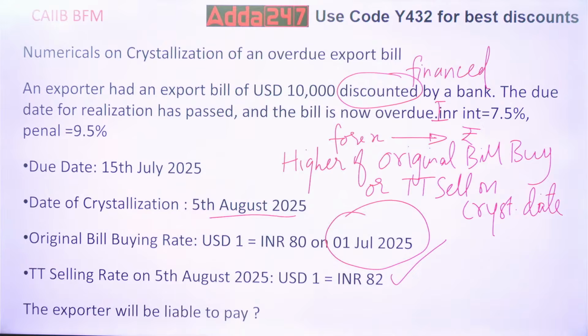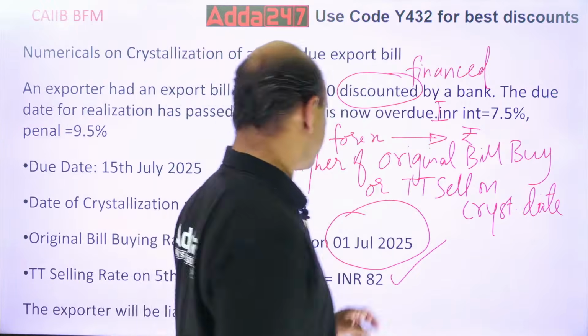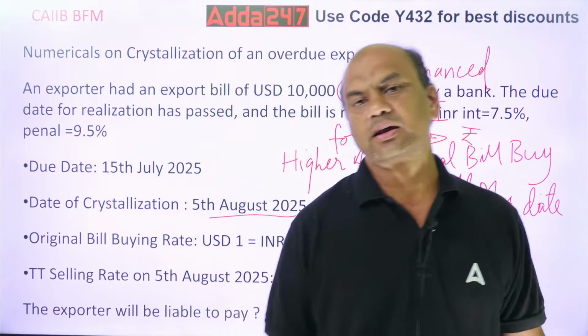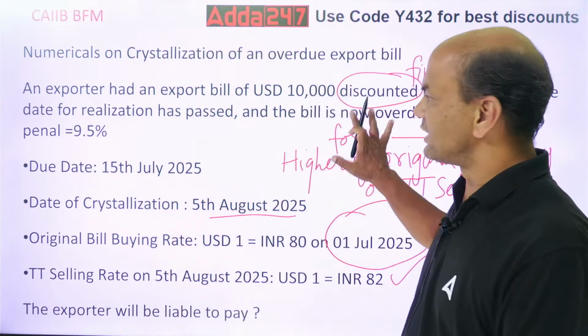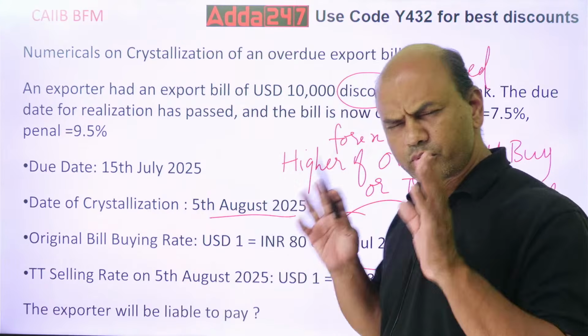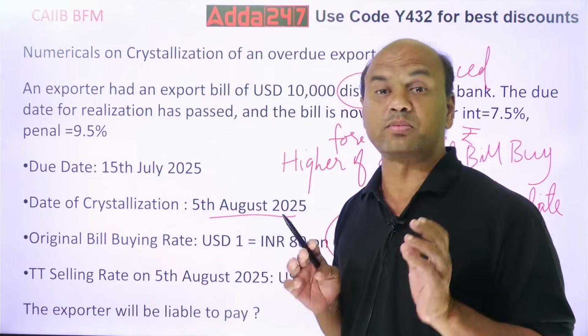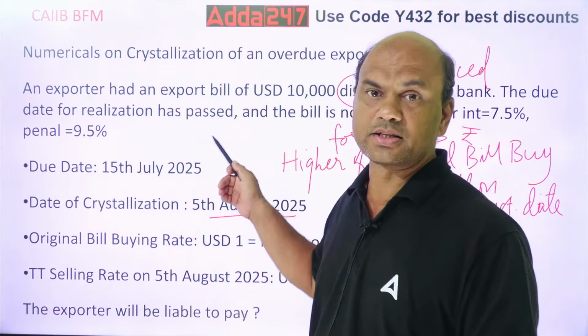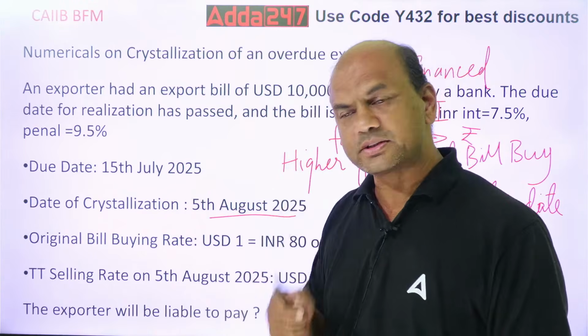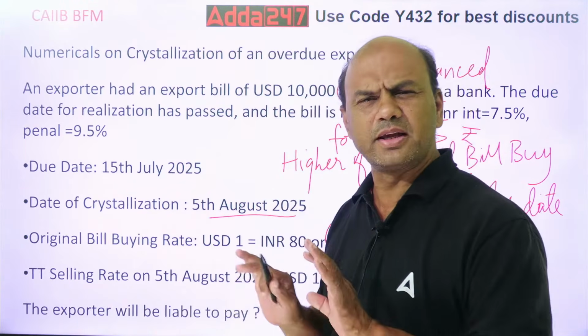Correct. Venkatesh, very good. So now you will be following INR 82. This is the rate you will be following now. This is the most important and most crucial problem in crystallization. If you understand the rate properly, everything else is very simple.